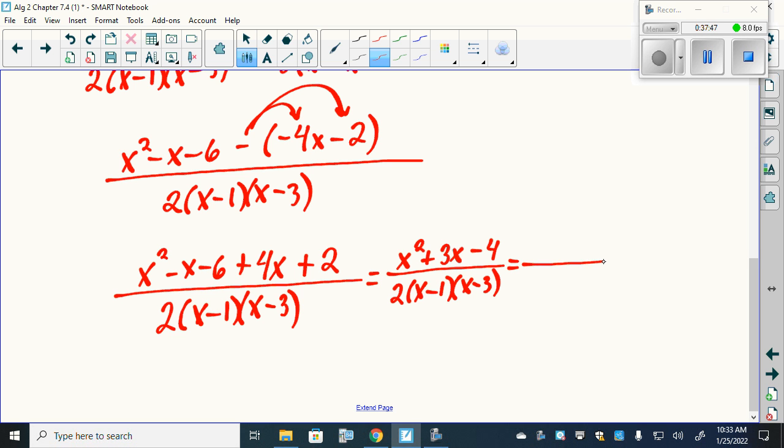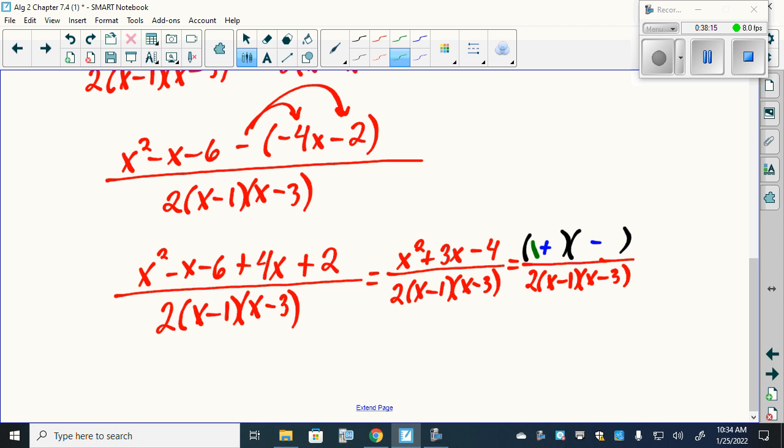Well, this one here, it does look like we can factor that numerator. So for this here, we would have 2 sets of parentheses with 3 spaces. Now, since the 4 is negative, our signs are going to be opposite.